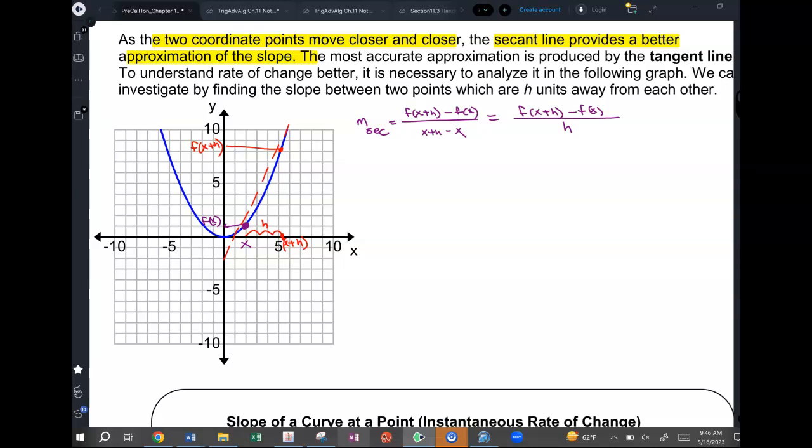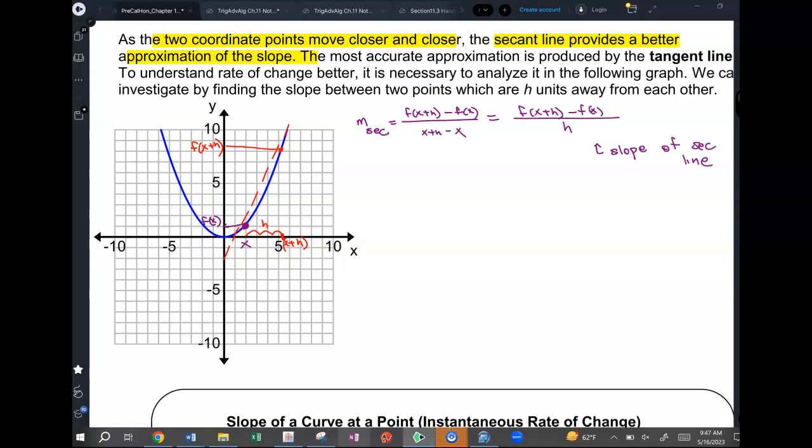Okay, so what is this now? This is the slope of the secant line. Okay, now what we have to do is we have to move this point really, really close to the first point so that this becomes the slope of the tangent line. So if I move this point very, very close to the first point, what happens to this distance h? It gets smaller and smaller, and it gets approximately close to 0.